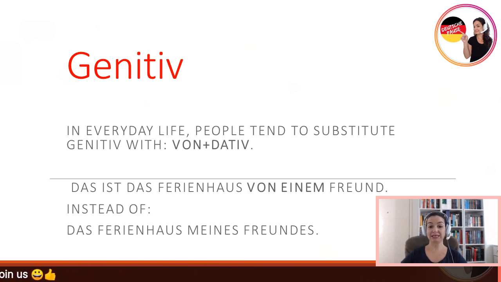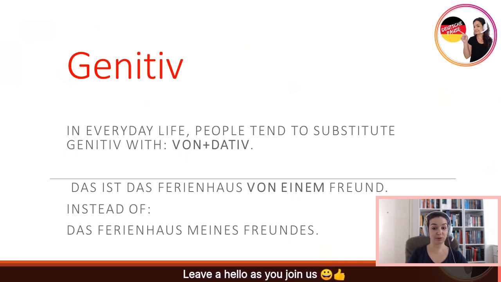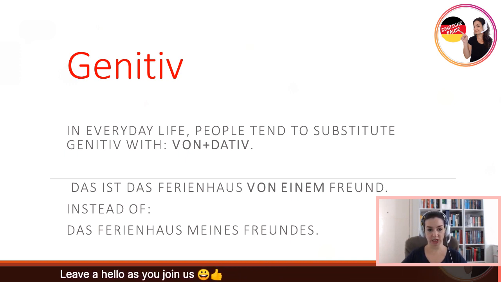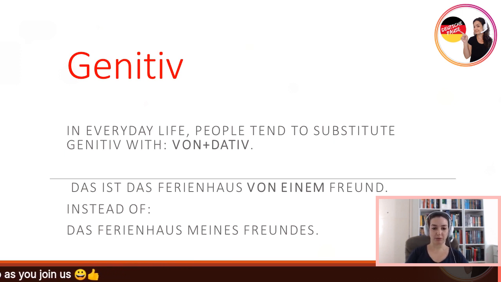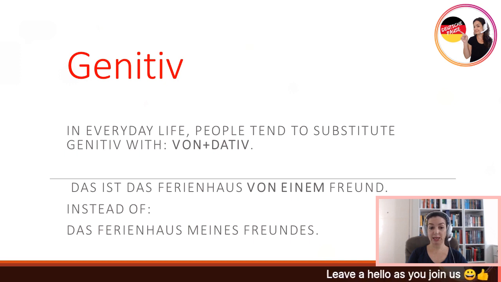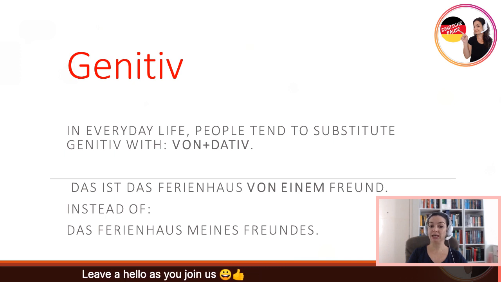But why is it that genitive is in extinction? Why are people stopping using genitive? Because of this here. In everyday life, people are using more and more von plus dative instead of genitive because it's basically the same idea. For example, instead of saying das Ferienhaus meines Freundes, a lot of people say das ist das Ferienhaus von einem Freund.